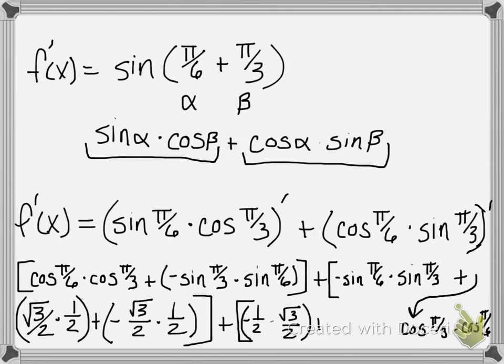That's going to be plus the cosine of pi over 3, which is 1/2, times cosine of pi over 6, which is the square root of 3 over 2. Alright, so now this is what we're going to be taking over to the next slide, which I'll do real quick.